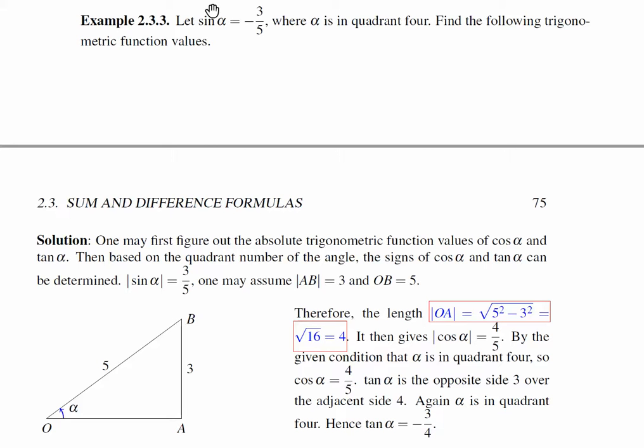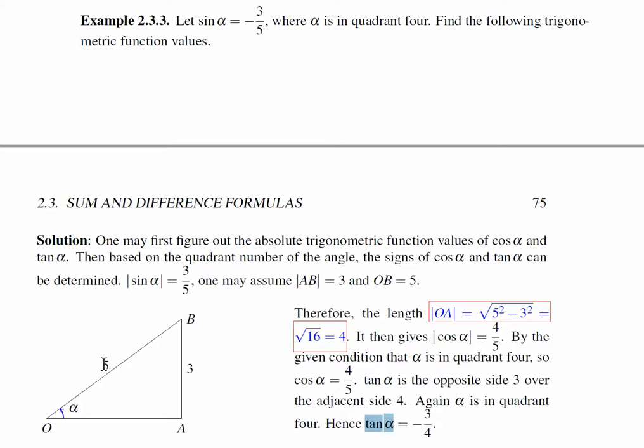In this example, we are given sine alpha is negative 3/5, where alpha is in quadrant 4. So we want to find out cosine alpha and tangent alpha. Opposite side over hypotenuse is 3/5.